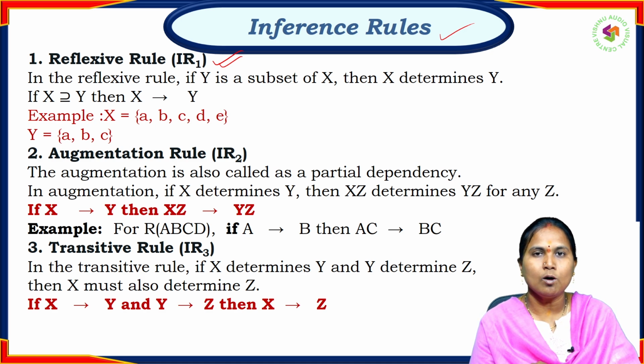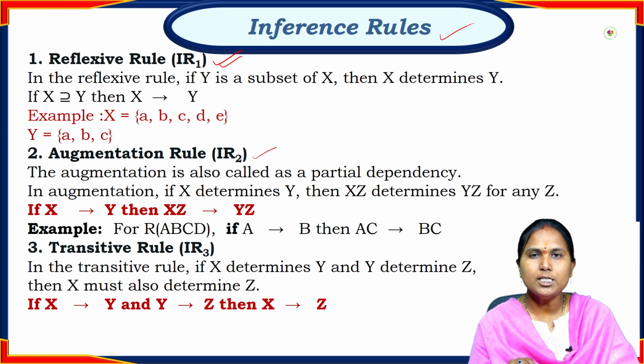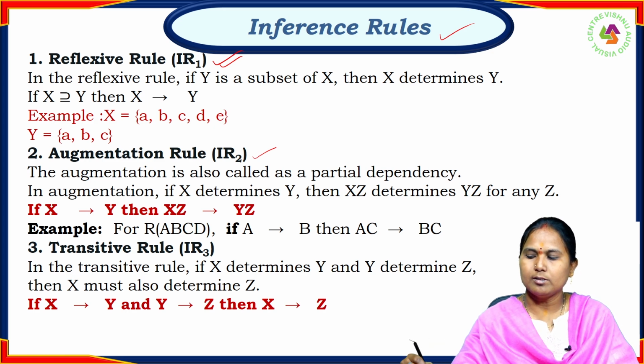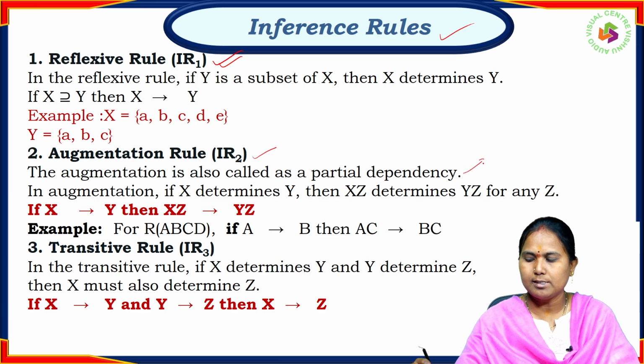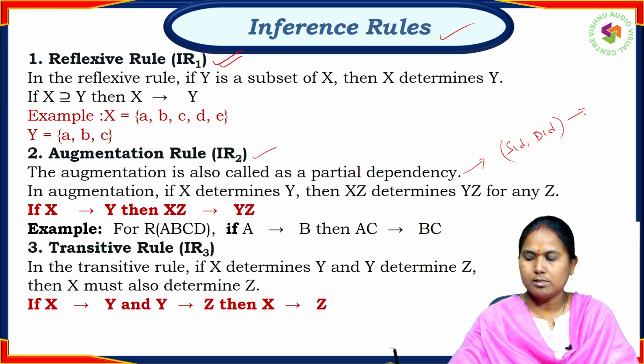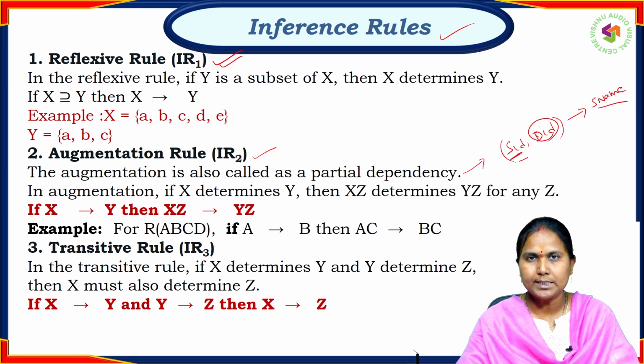Coming to the next one, the augmentation rule. The augmentation rule deals with partial dependency sets. For example, student ID, student department ID determines student name. See this association: every student name depends upon student ID, not upon department ID.